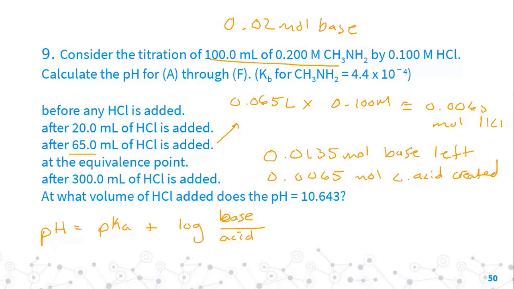All right, so what's a little tricky for this one is that we don't have our Ka value to get the pKa, so we'd have to solve for Ka. Remember, Ka equals Kw over Kb. So I'm just plugging in this value, and Kw is 1 times 10 to the negative 14.